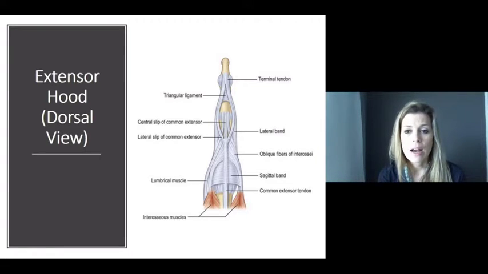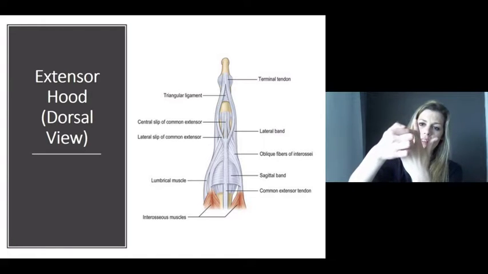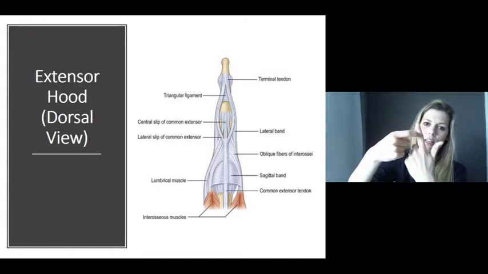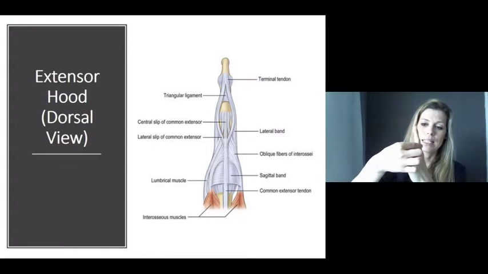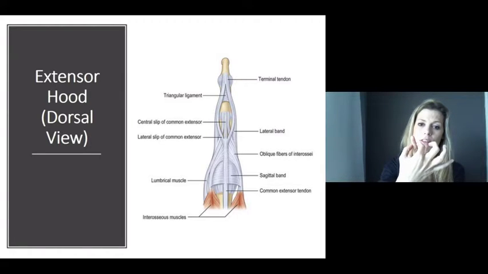As we move down distally, we can see that you have a central slip that is going to cross the PIP joint and insert into P2, the middle phalanx. That central tendon or slip is going to extend at the PIP joint. On either side of the PIP joint, you can see in the image there are bits of soft tissue that cross on either side.